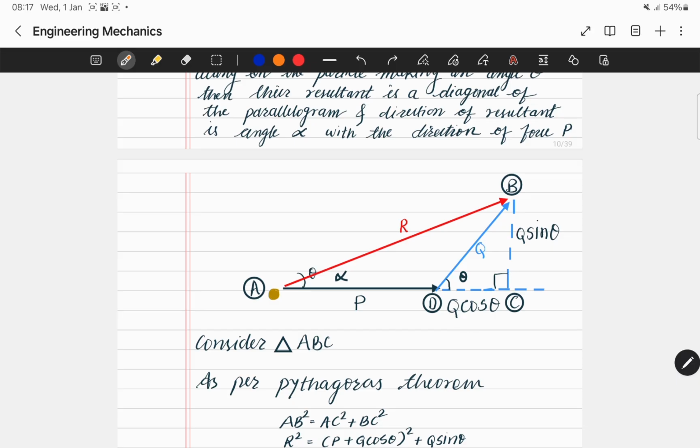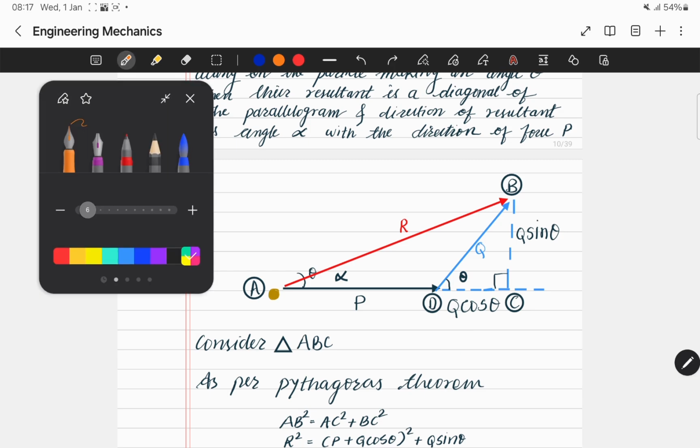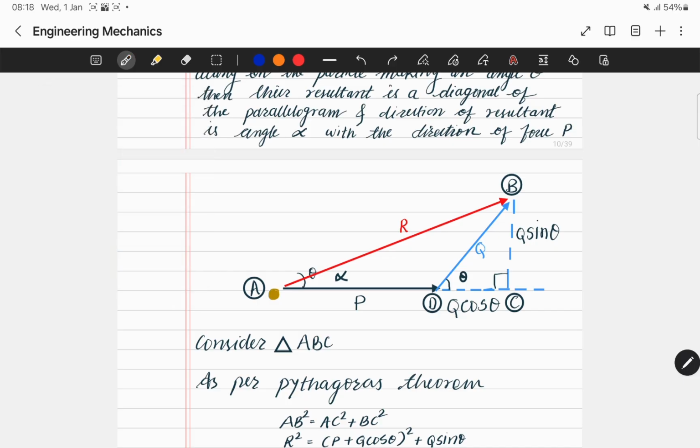As we know, cos theta is equal to adjacent side upon hypotenuse. This is nothing but the adjacent side, which is DC, and the hypotenuse is BD.